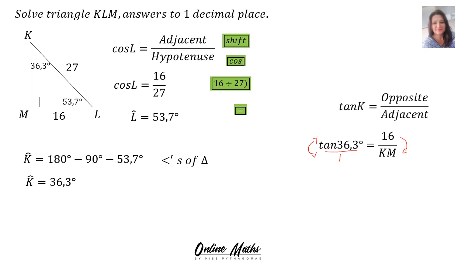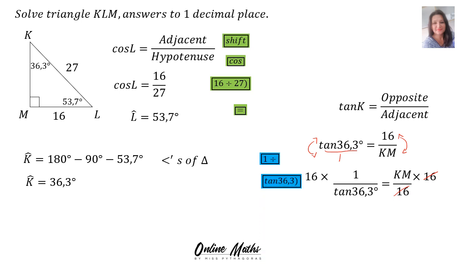We call that tip and times. So we swap them. And then I make KM the subject of the formula, so I multiply both sides by 16. So to work out KM, my steps are 1 divide tan 36,3 close bracket times 16 equals, and the length of KM is 21,8.